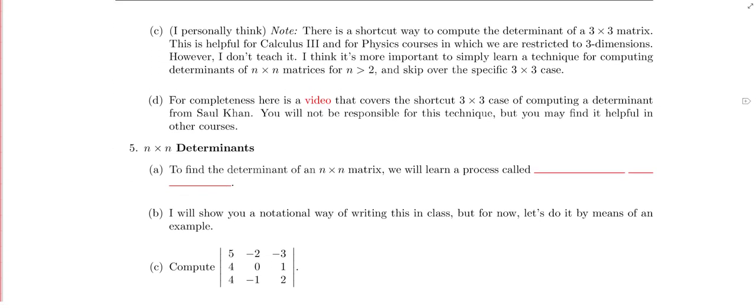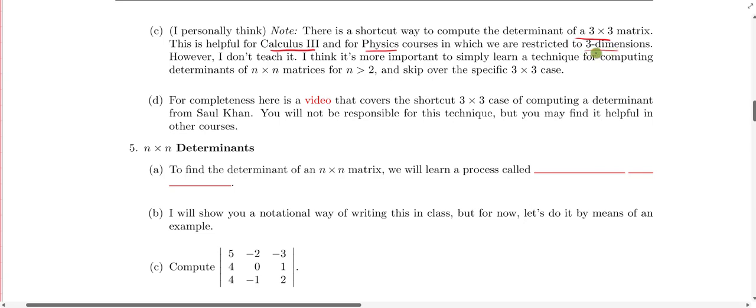There is a shortcut for computing a 3x3 determinant, separate from what I'm going to show you. This shortcut is especially helpful for, say, Calculus 3 or for physics courses when you're restricted to 3 dimensions.